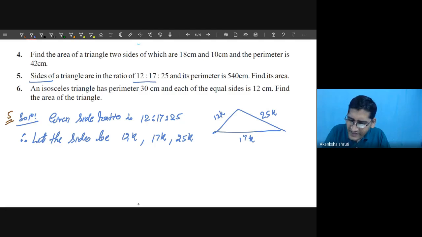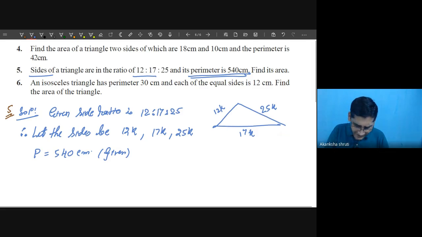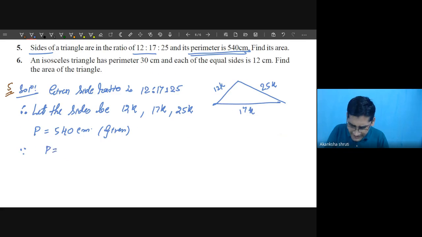Then it is given that its perimeter is 540 centimeter. This is given. But we know by formula the perimeter is given by a plus b plus c. It means this 540 shall be equal to, our a is 12k. Okay, students?